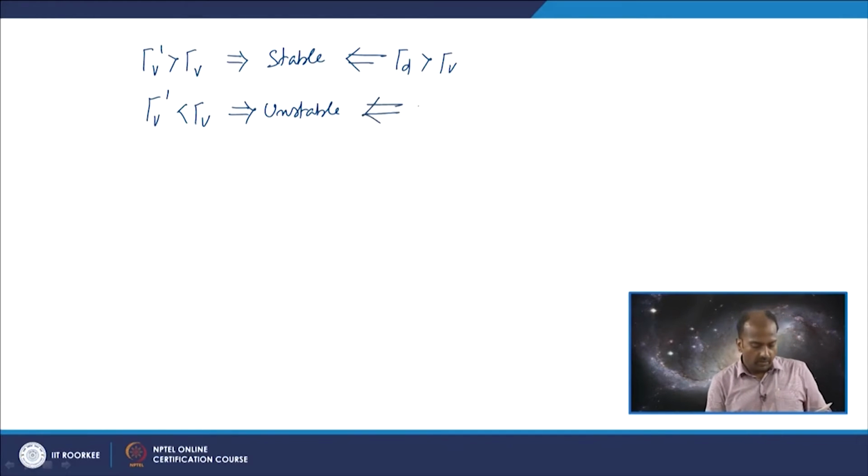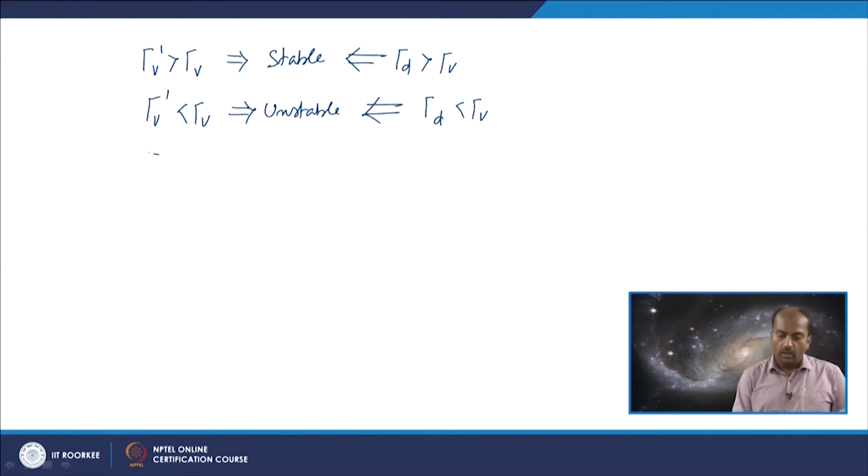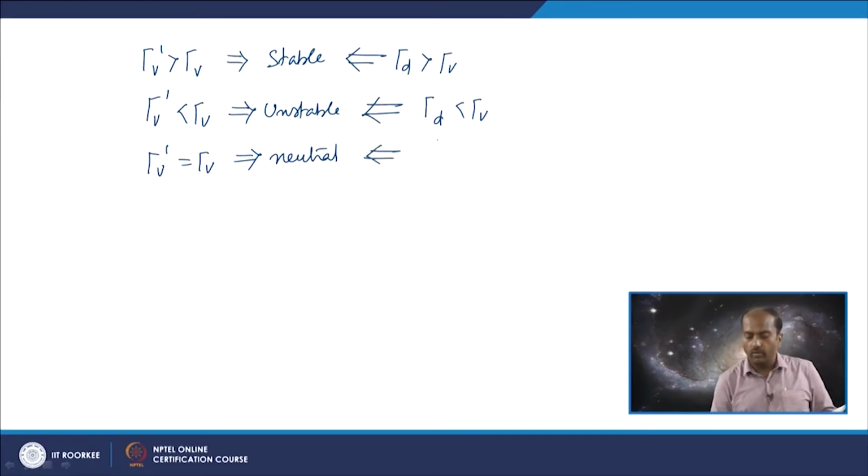Writing in terms of the dry adiabatic lapse rate, gamma d less than gamma v. And gamma v prime equal to gamma v is neutral, which is also equivalent to writing gamma d equal to gamma v, right.